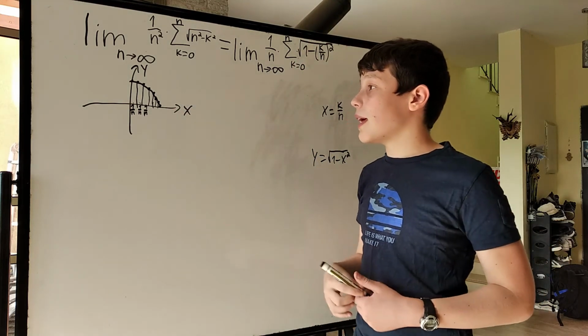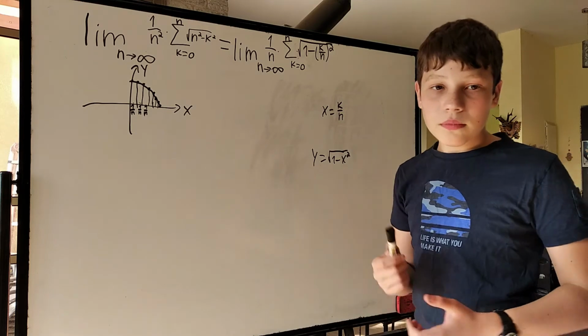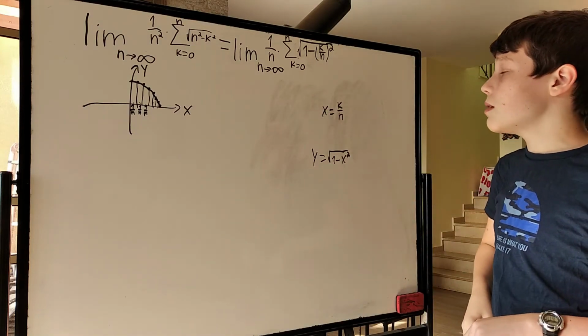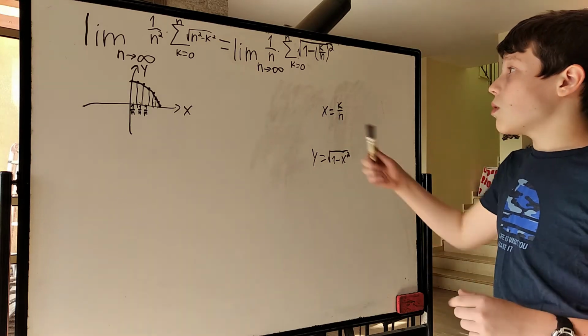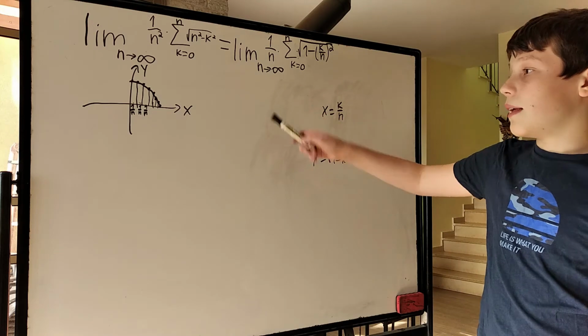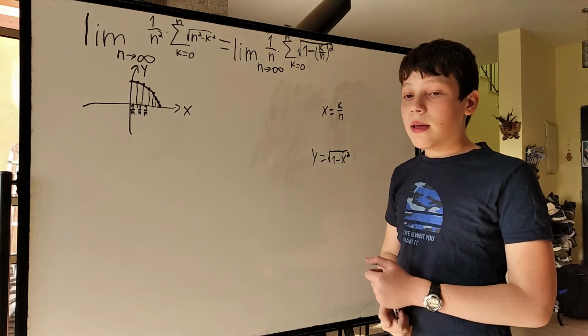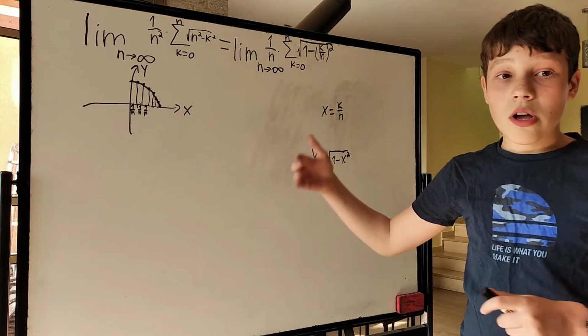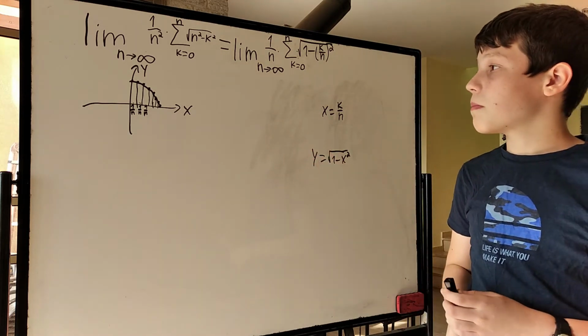This ensures we have each number inside the sum accounted for multiplied by 1 over n. Then we sum it up, and that's what we get. And what we want to find is, as n grows larger and larger, what this sum approaches.